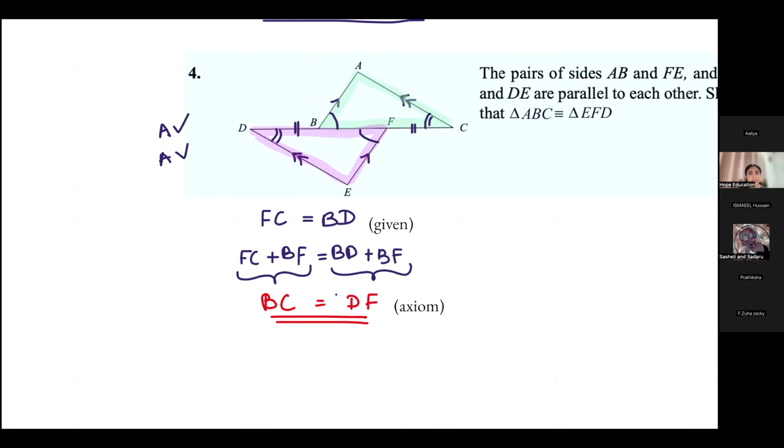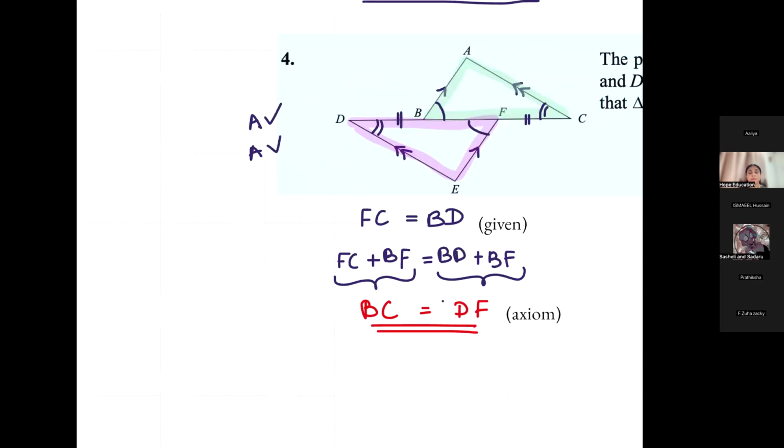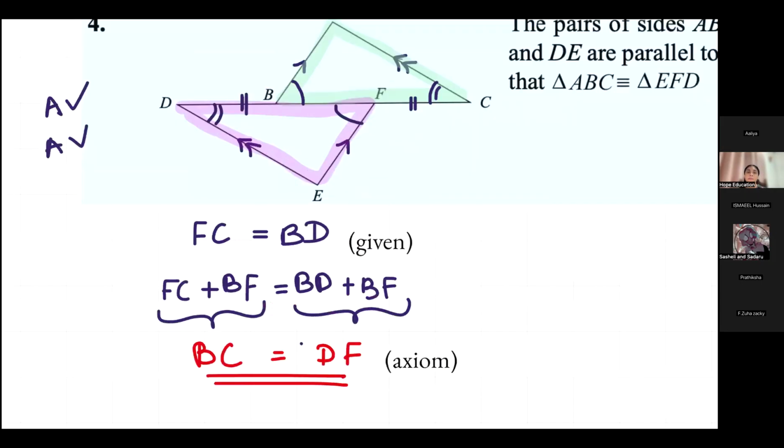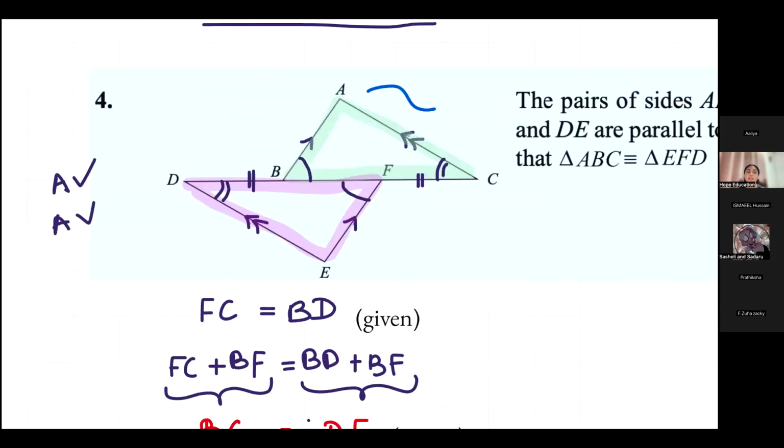DE and AC, and FE and AB. The thing is that if you take AC and DE, we can't say they're equal. Just because two sides are parallel, that doesn't make them equal, right?